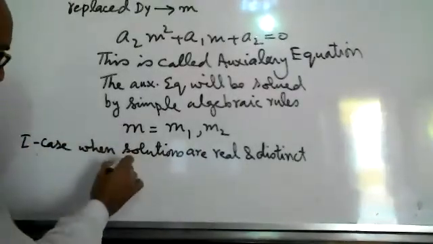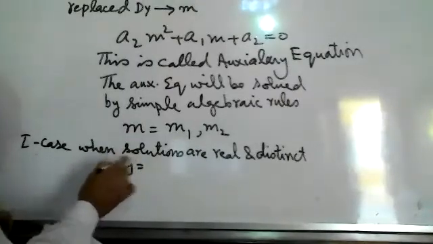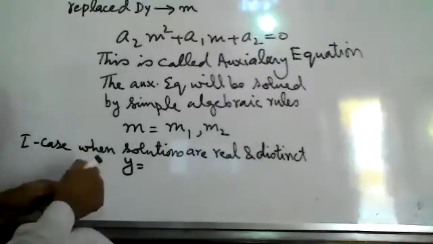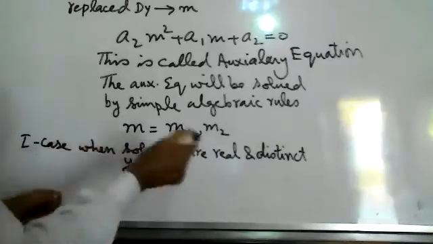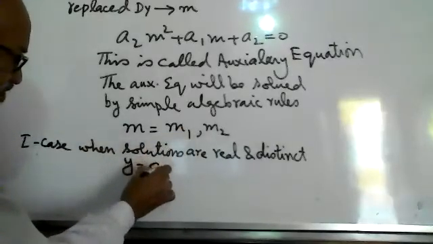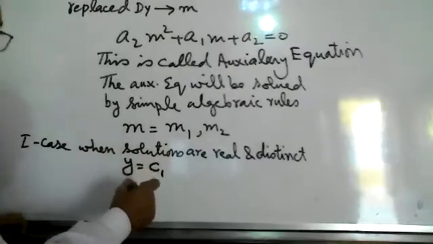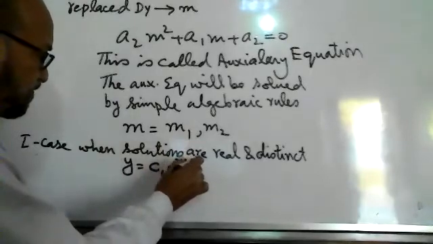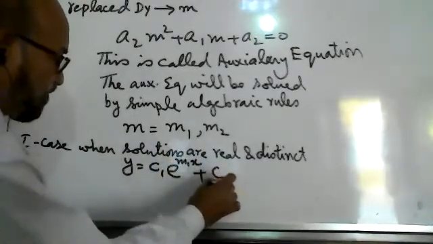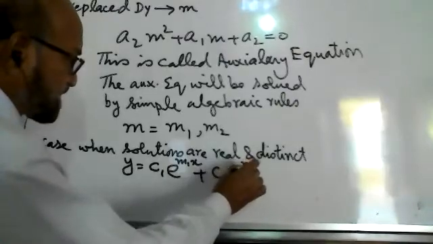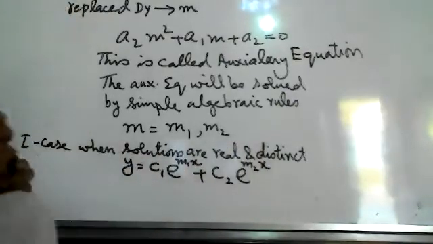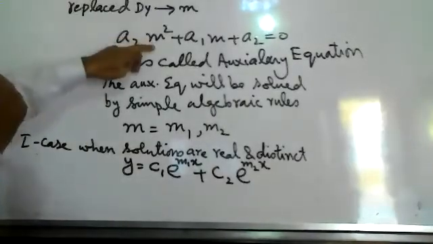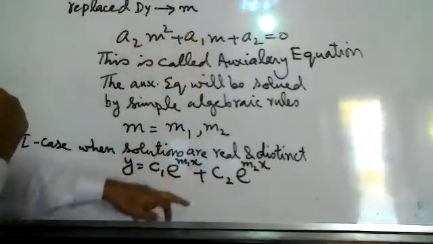y will be equal to C1 e raised to power m1x plus C2 e raised to power m2x, where C1 and C2 are constants. We will convert the equation into the auxiliary equation, then solve the auxiliary equation.